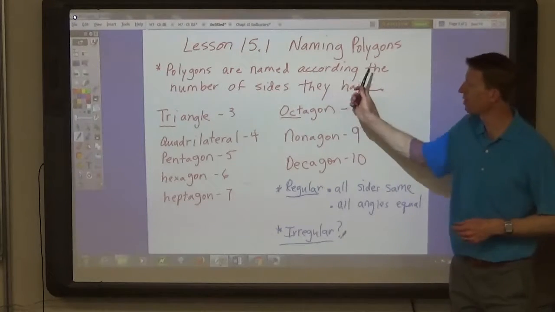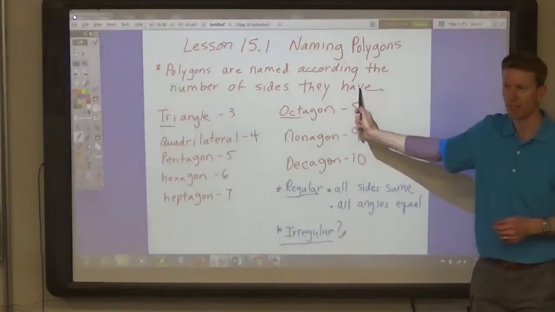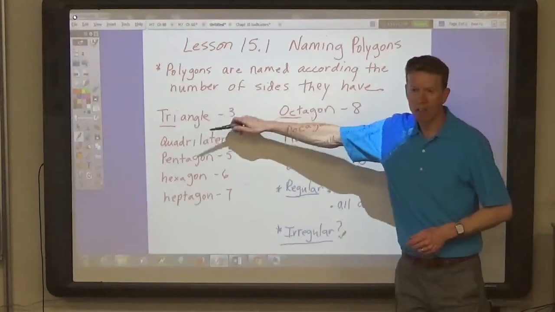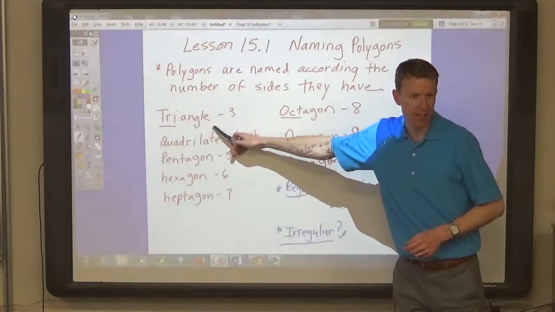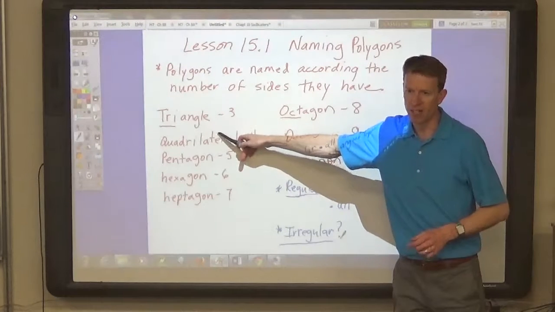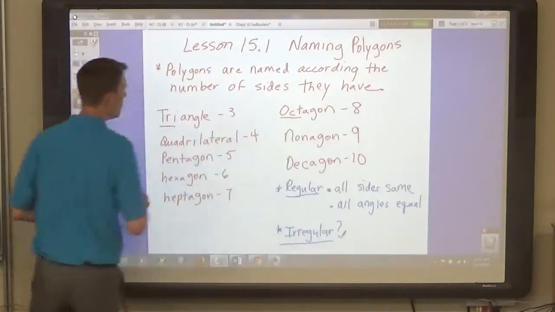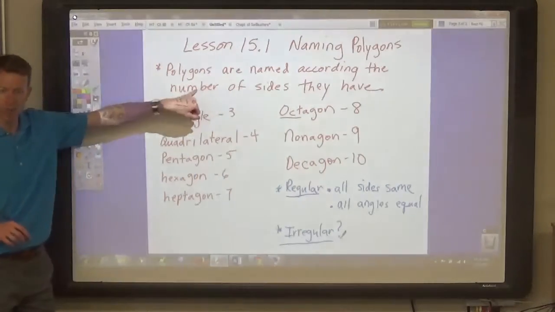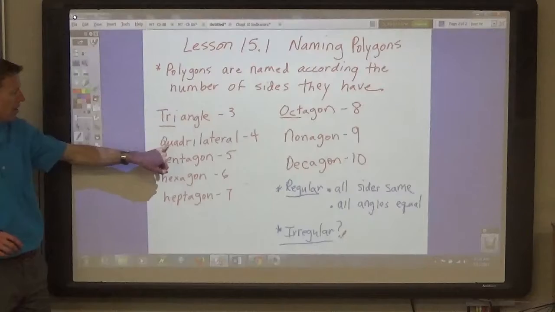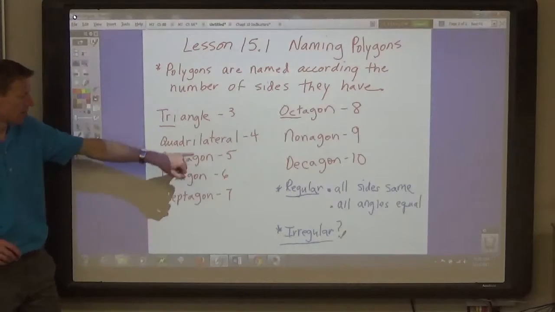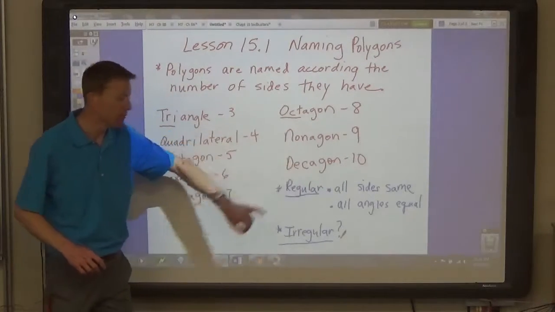Polygons are named according to the number of sides they have. So, the smallest possible polygon is a triangle. It has 3 sides. And these prefixes are how they are named.